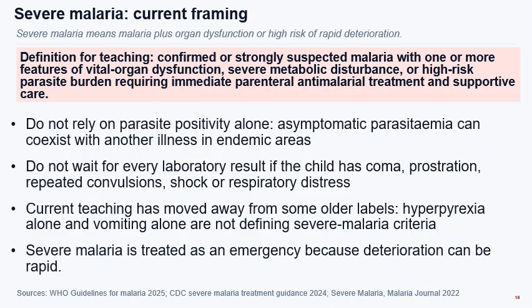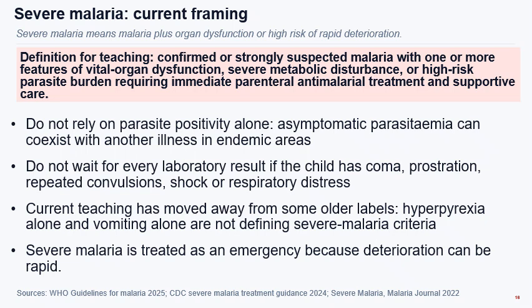In endemic areas, asymptomatic parasitemia can coexist with bacteremia, bacterial meningitis, sepsis, or another cause of coma. At the same time, do not wait for every laboratory result when a child has unarousable coma, prostration, repeated convulsions, shock, or deep acidotic breathing. The child can deteriorate rapidly.